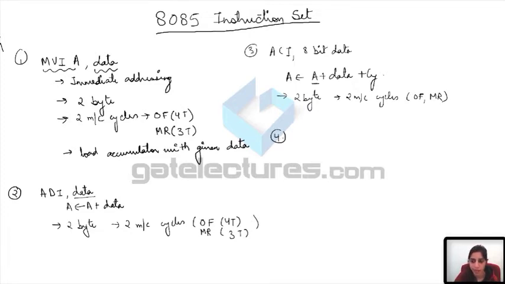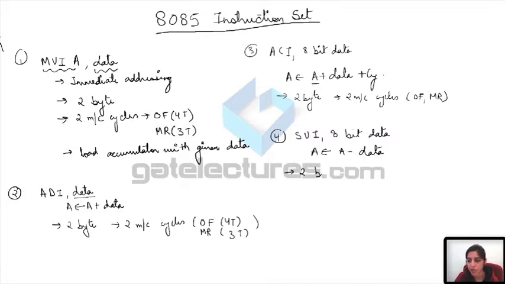Next instruction that we are going to look at is SUI, subtract immediate. The given data is subtracted from the contents of the accumulator, and the final result is stored in the accumulator itself.